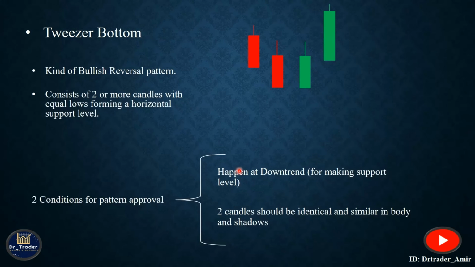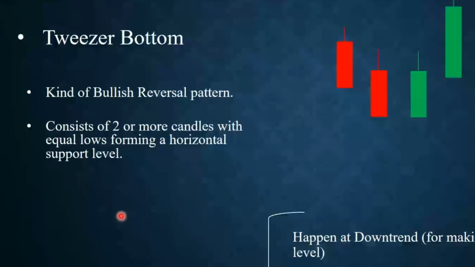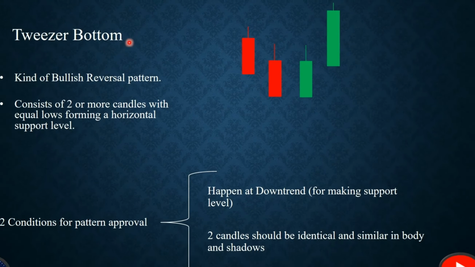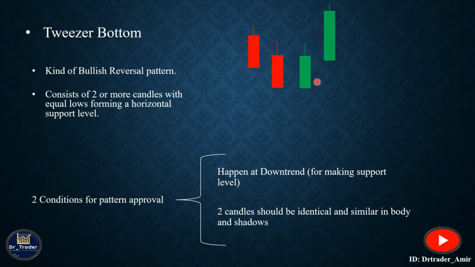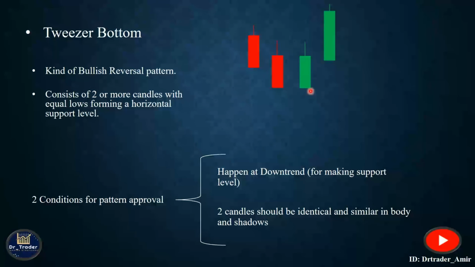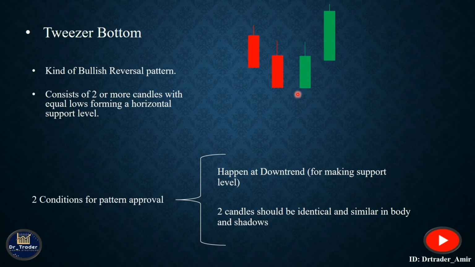And also, the other candlestick pattern, which is important and essential to know, is the tweezer bottom. Tweezer bottoms are a kind of bullish reversal pattern, and this candlestick pattern consists of two or more candles with equal lows. These equal lows form a horizontal support level.